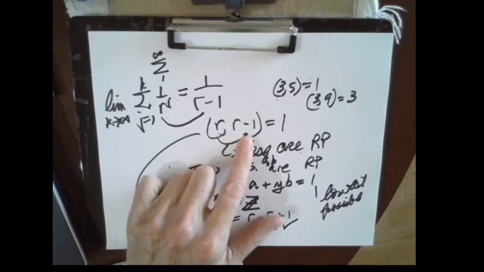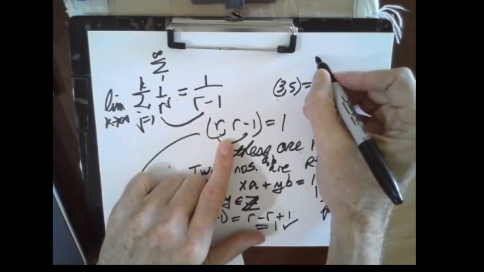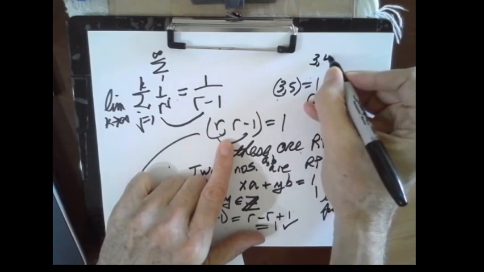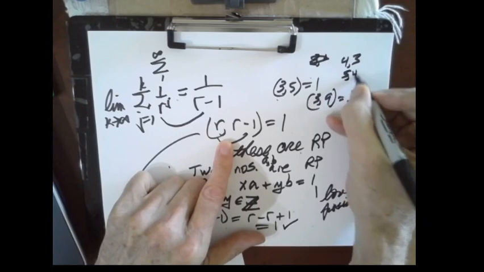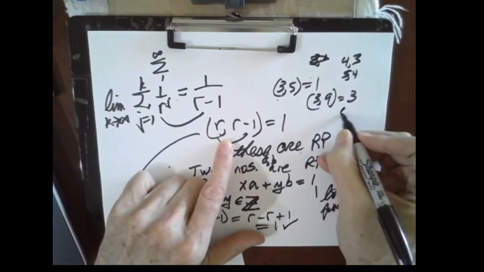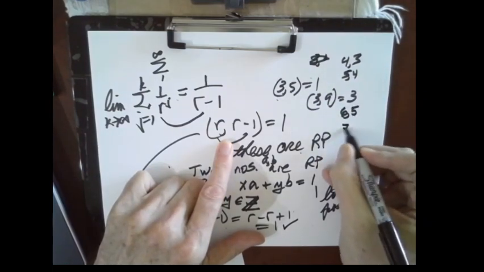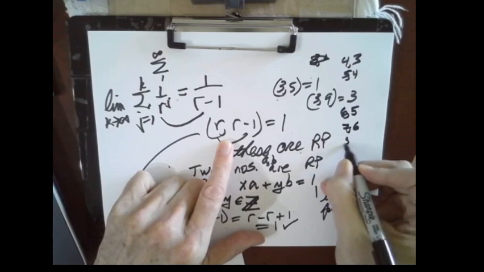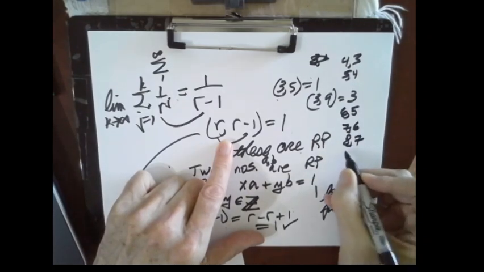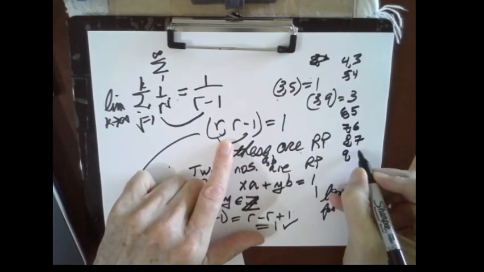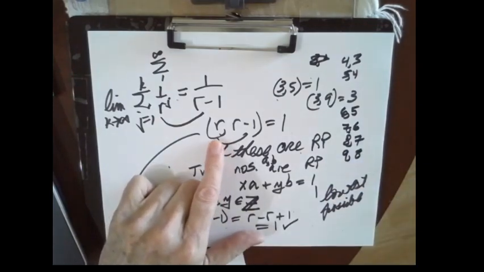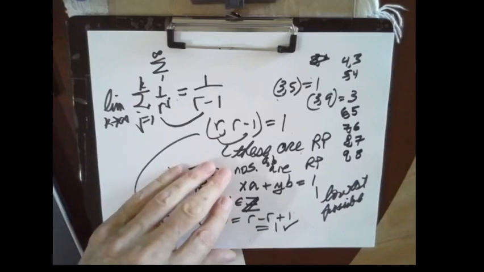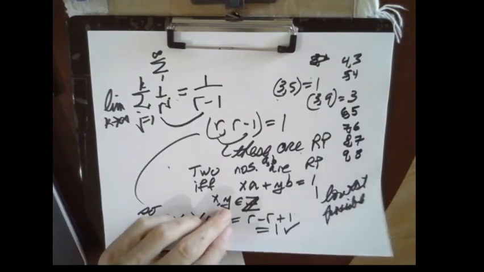We could do a little test of that. 4 and 3, 5 and 4, 6 and 5, 7 and 6, 8 and 7, no problem so far, 9 and 8. Okay, and I think it goes the other way too. R plus 1 is also relatively prime.